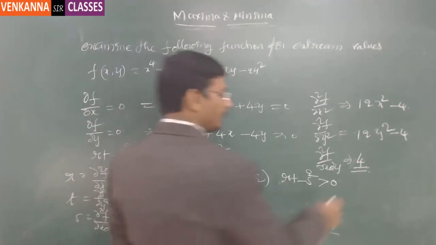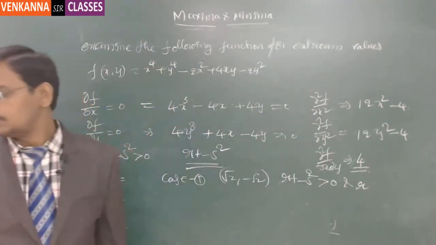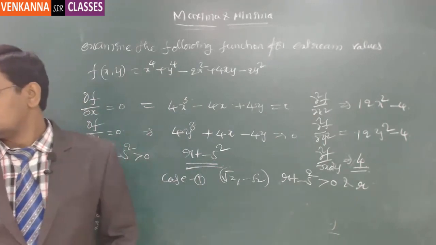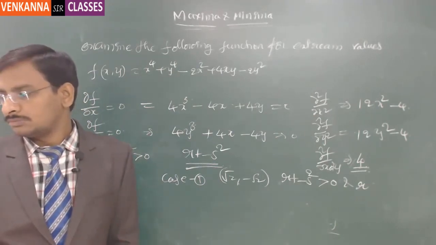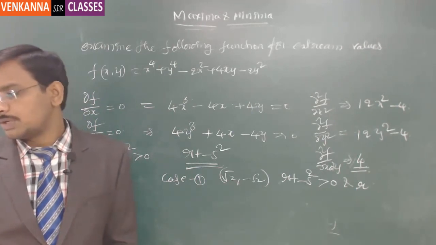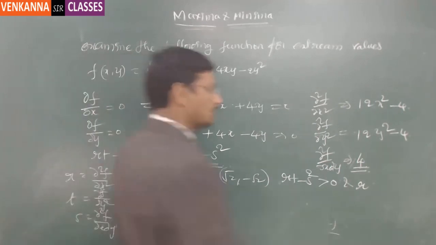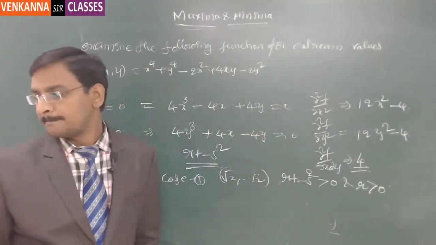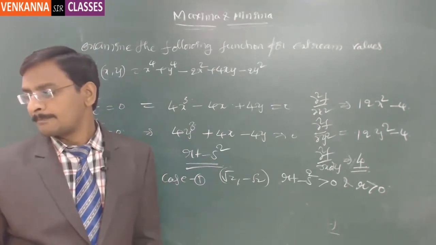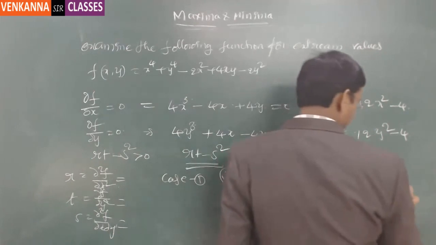And what is the value of r? Is it greater than 0 or less than 0? Is it positive or negative? So this is positive. If r is positive, are we getting a maximum value or minimum value there? So it is a minimum value.